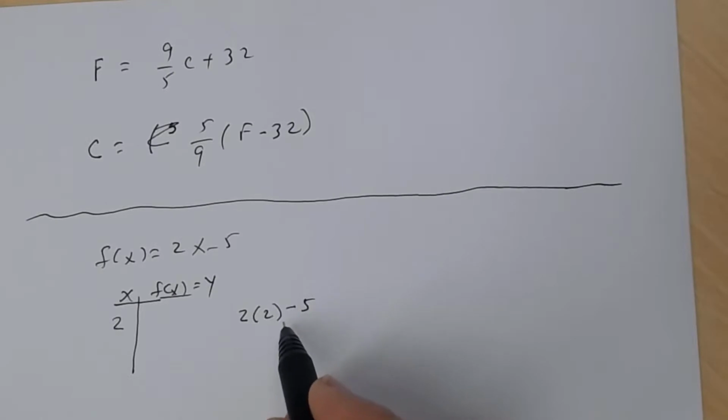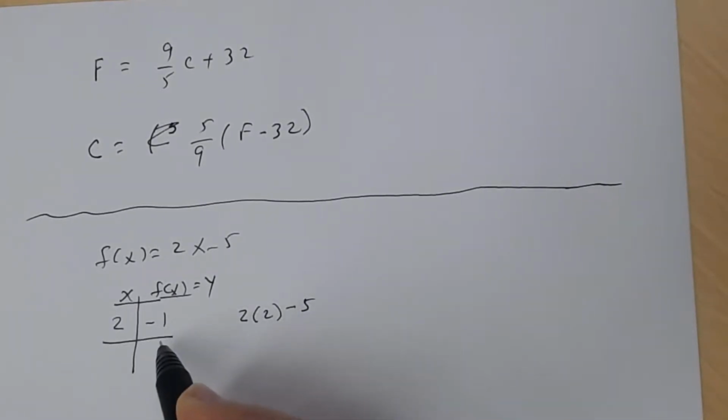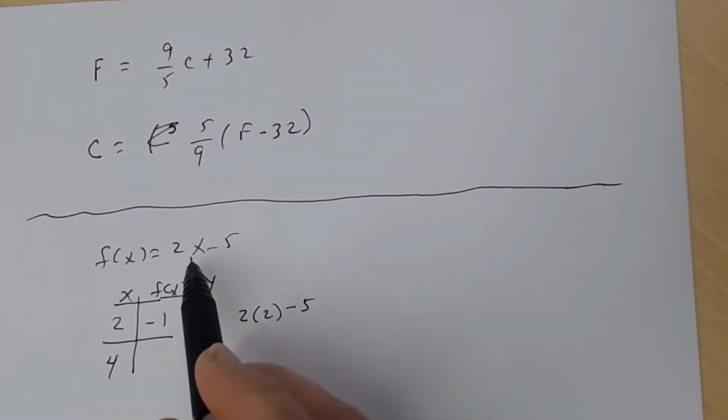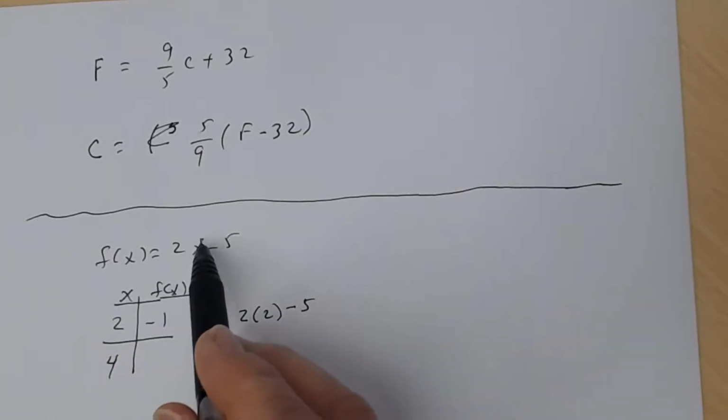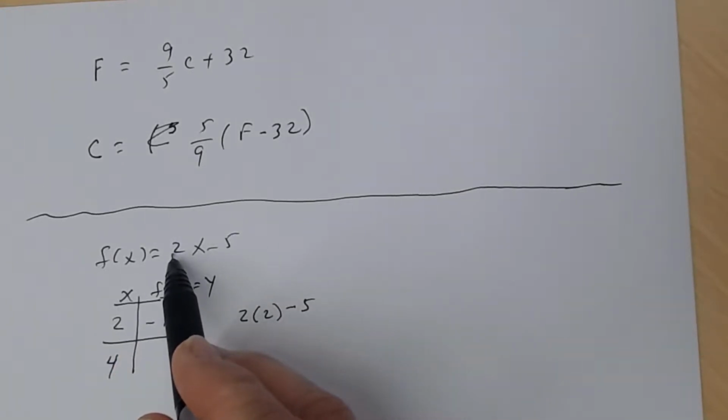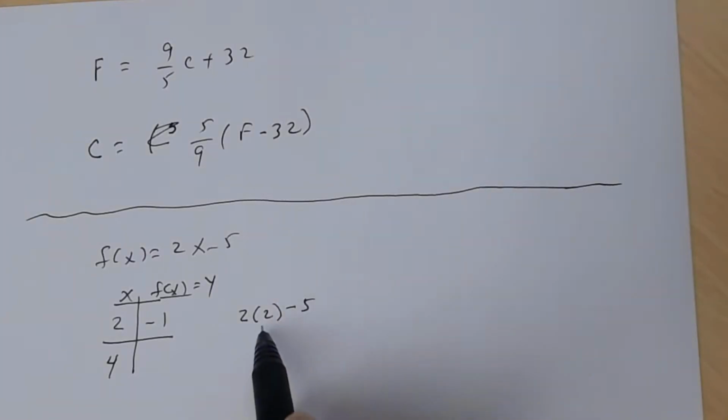So that would give us negative 1. Again, let's say I'm substituting 4. You would say 2 times 4, so this function multiplies the value of x by 2 and then subtracts 5. So you get 2 times 4, which is 8, subtract 5, which is 3.